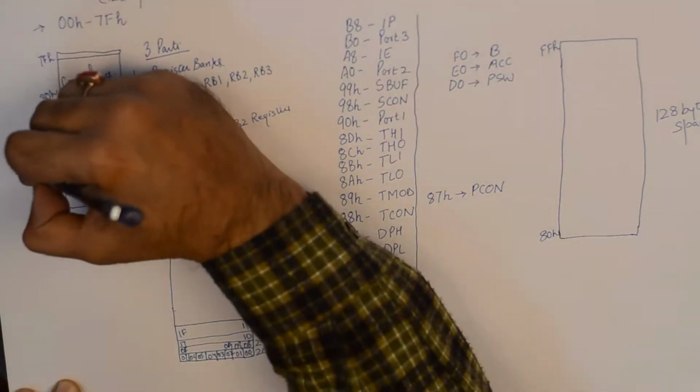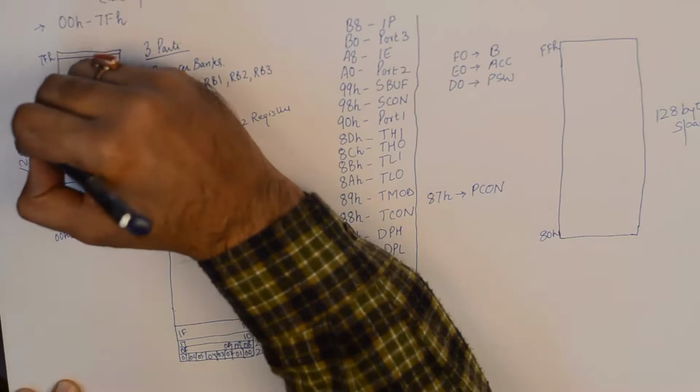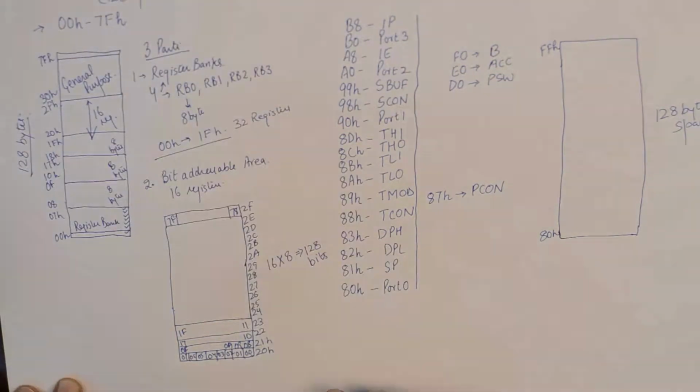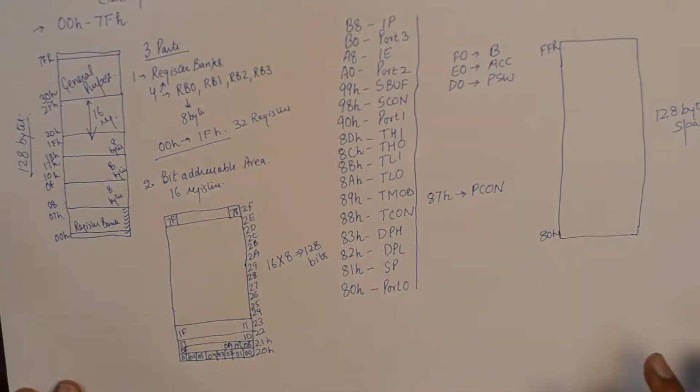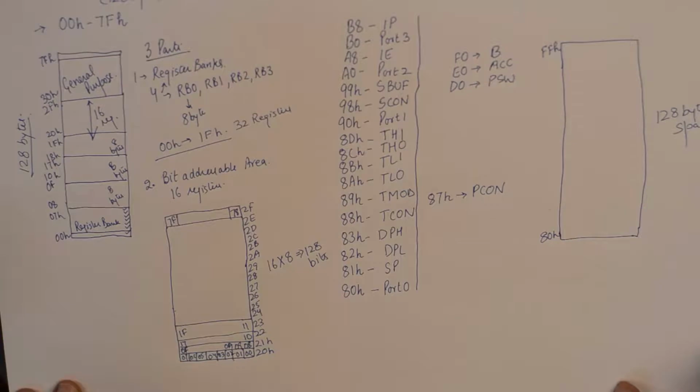Please understand, this 128 bytes of space is that space which is accessible to the users. Each and every register of this space is accessible to the user.